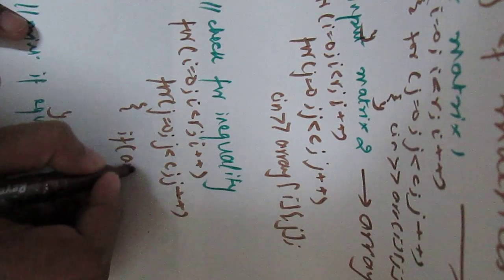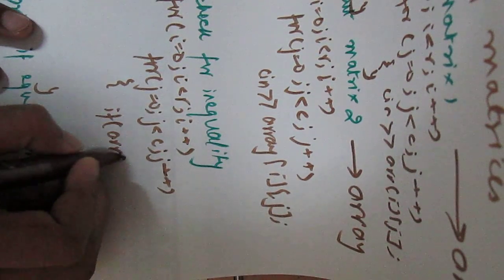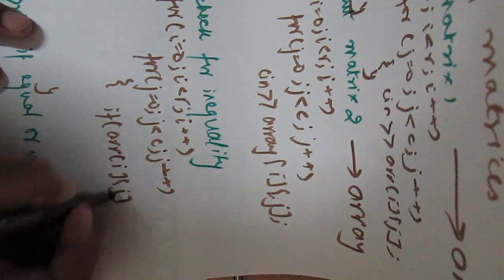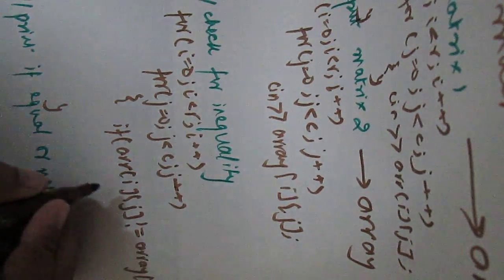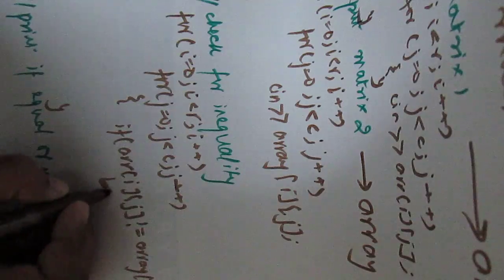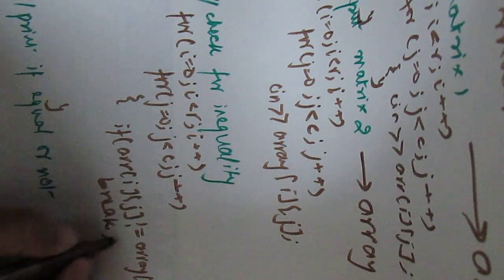If arr[i][j] is not equal to array[i][j], then we'll simply break.